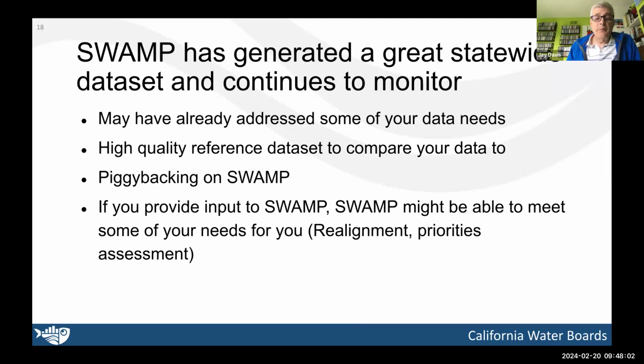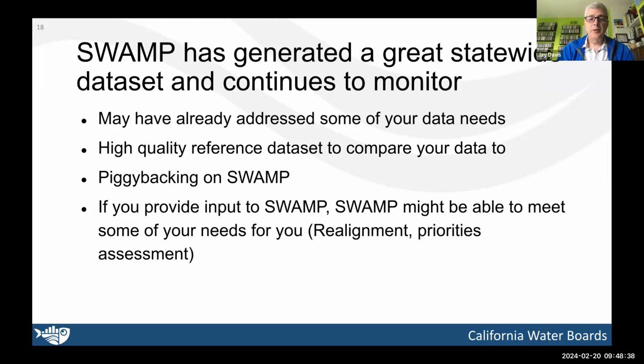I recommend keeping track of what we're doing in the bioaccumulation monitoring program, and under the guidance of the safety work group, because there might be opportunities to piggyback on the work that we're doing. This is something that the water boards do a lot of. The regional boards piggyback on the state program and add to the list of things that are being analyzed.